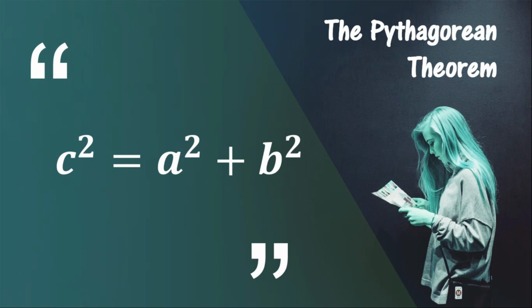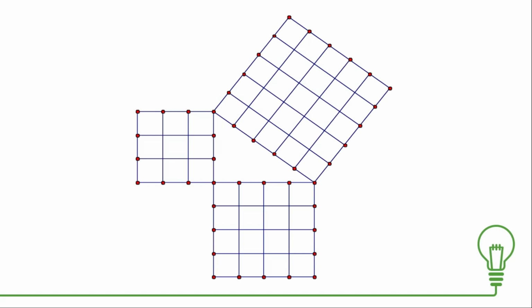So, for us to prove that the Pythagorean theorem is indeed correct, we have this illustration. Suppose this side of the right triangle measures 3 units, this leg measures 4 units, and the hypotenuse measures 5 units.